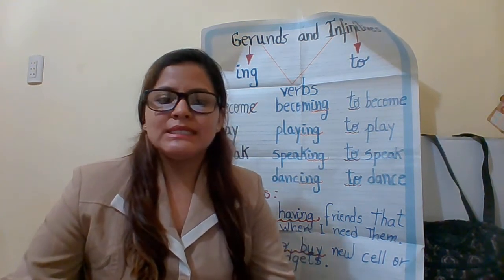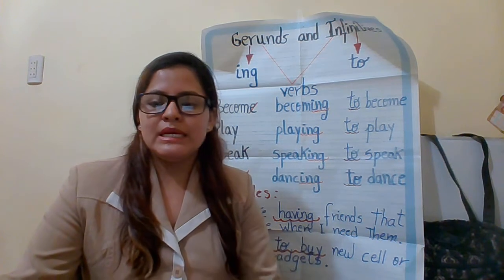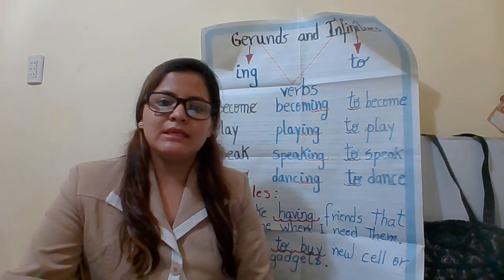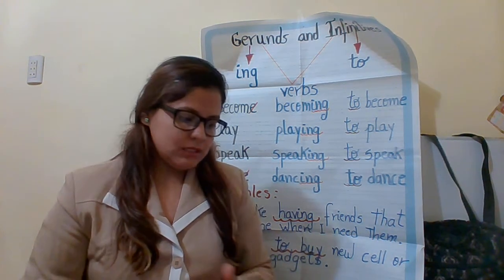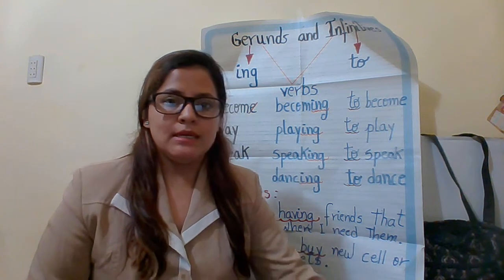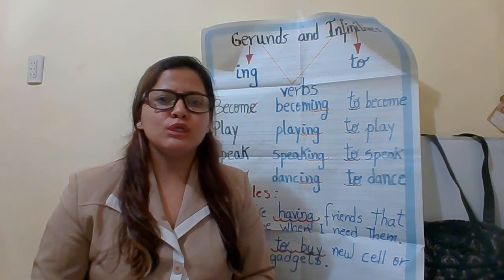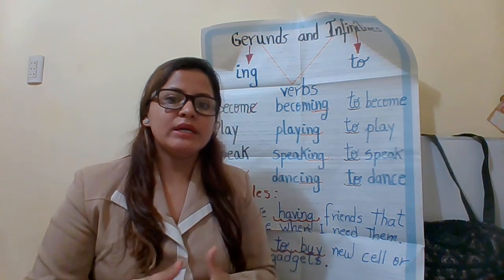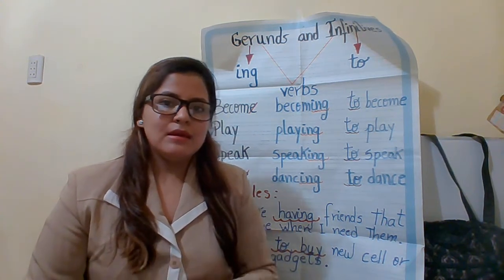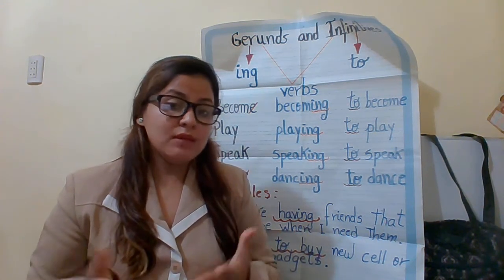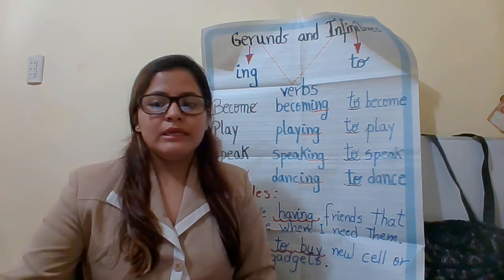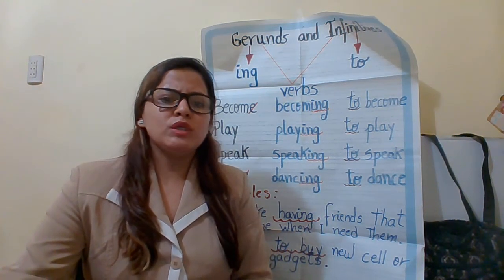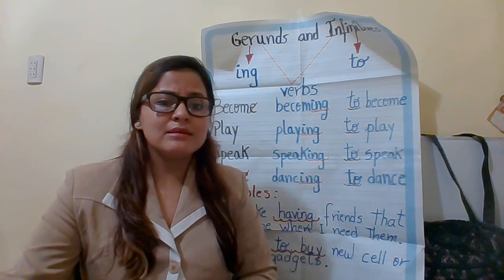Number 8 is the independent practice. Independent practice is when the students find, for example, 5 verbs by searching in the dictionary and write sentences using the gerund and infinitive. It is an additional activity in the class.